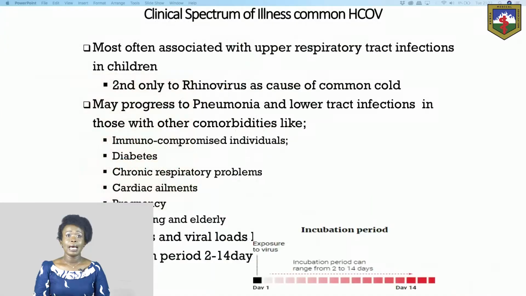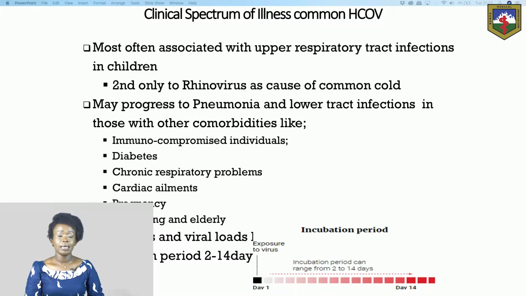So in the clinical spectrum of this disease, most often for children, it will cause upper respiratory tract infection symptoms, and this may be similar to what we see in the common cold. However, the disease may progress to pneumonia and other lower respiratory tract infections, and this is likely to occur in some of the children with comorbid conditions like the immunocompromised individuals.